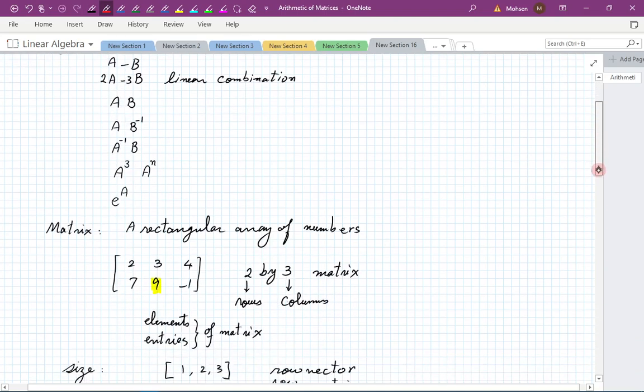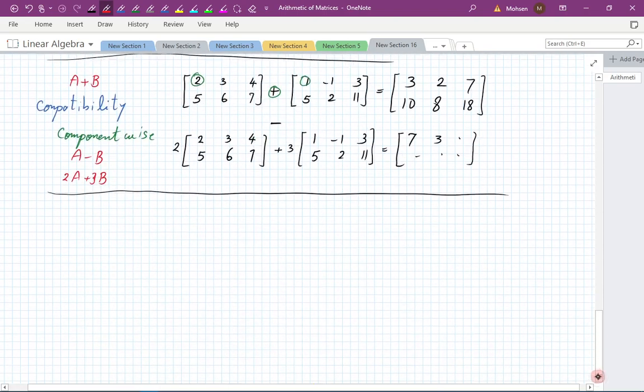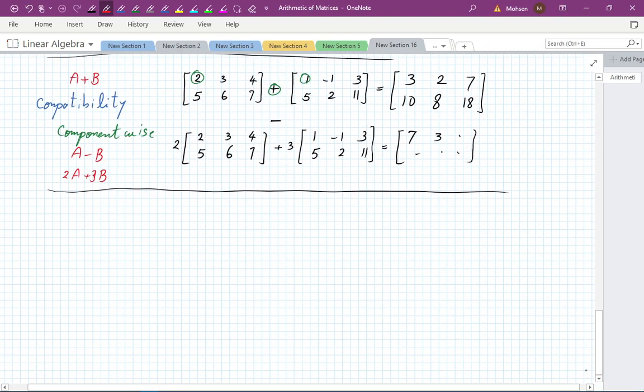Next up, we are going to have matrix multiplication. Our first approach perhaps would be to do just what you were doing here: 2 times 1, 3 times minus 1, 4 times 3, just do it component wise.